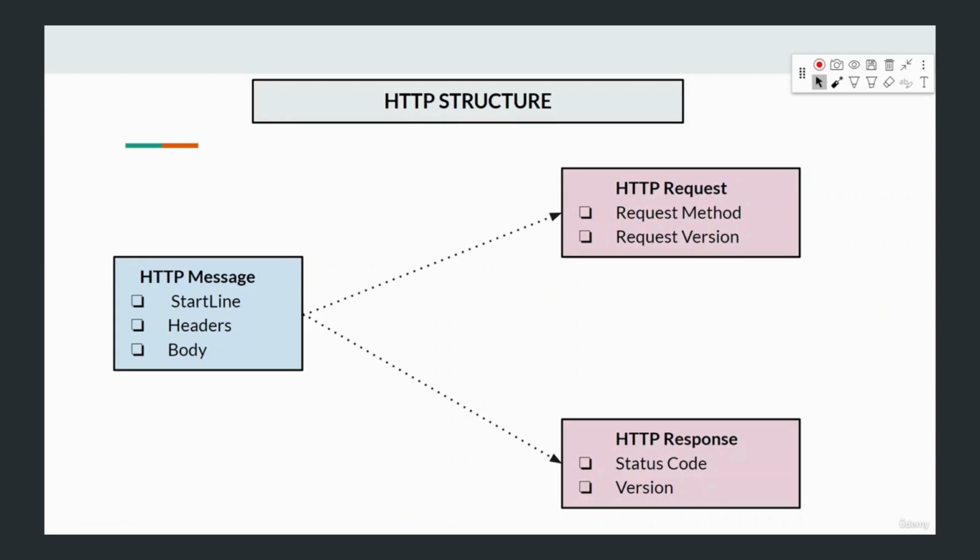We have the status code, and the version is the same, so what type of HTTP version will be used to send back the response for the request which is received by the server. The server will send back the status code. The status code defines, within the response to a particular request, the status of that response. Like we have 200, we have 201.